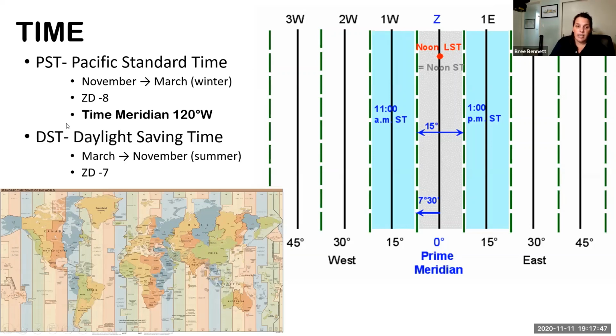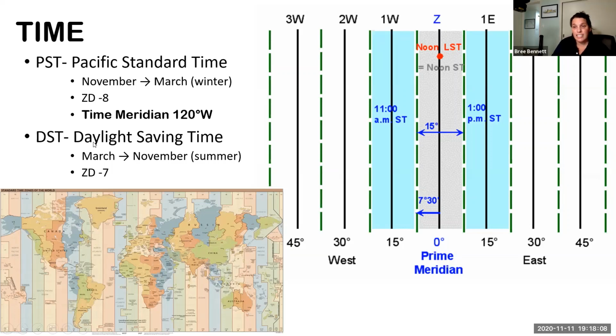Now, if we are in daylight savings, in the summertime, March to November, generally speaking, we observe zone description 7, which is our daylight savings time.